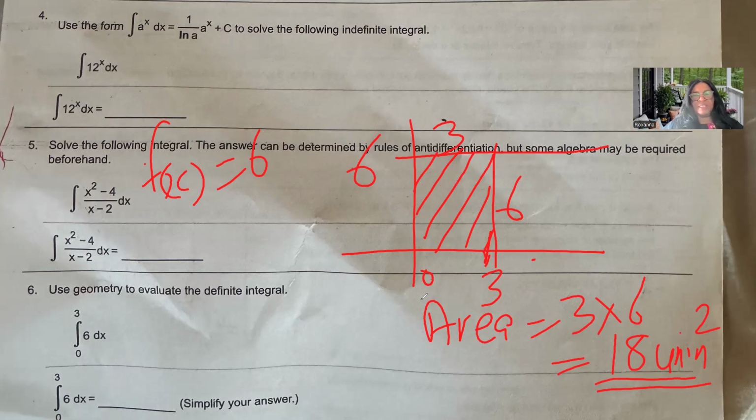Another way you can do this is to check your answer with the calculator. I'm going to stop sharing so I can pull my calculator up, and then I'll share again.